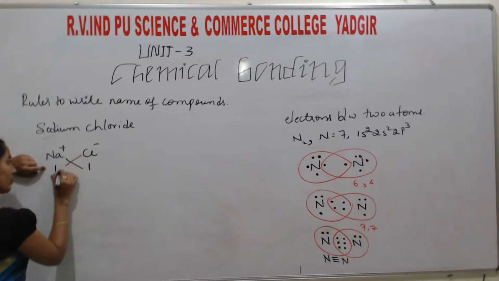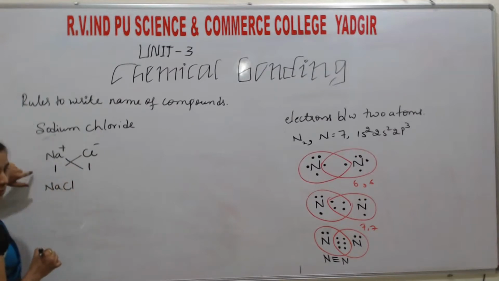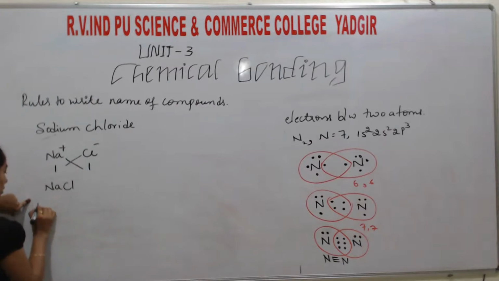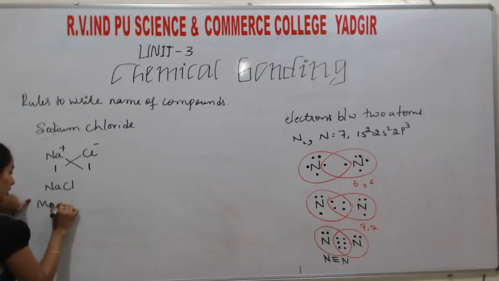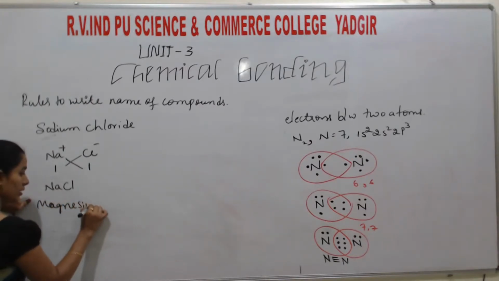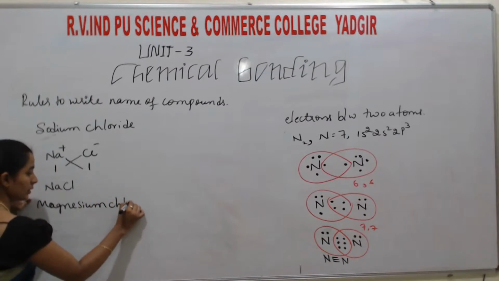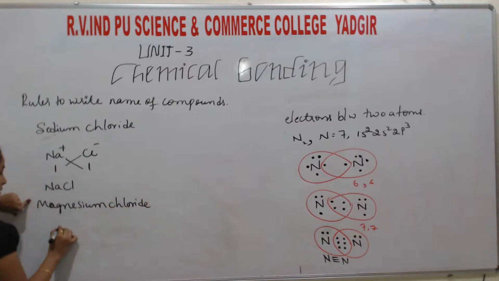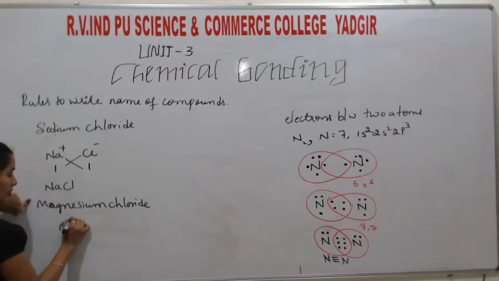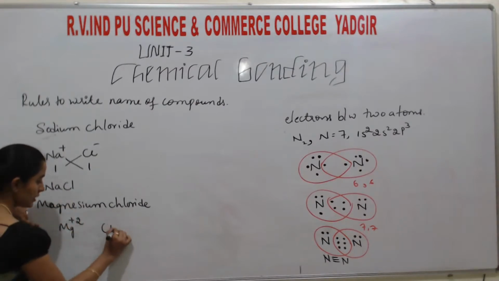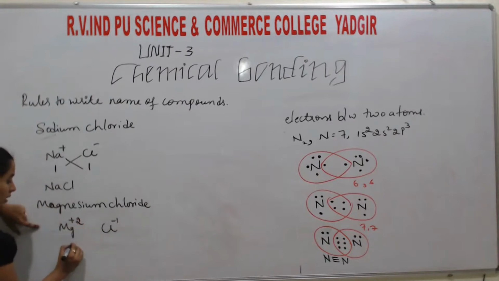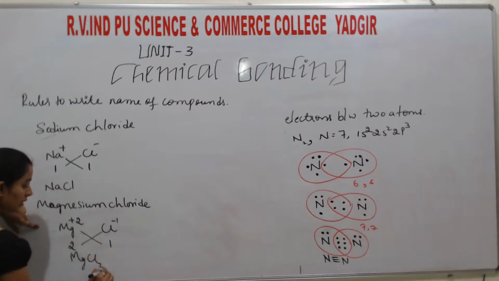If you cross multiply, you will get NaCl, that is sodium chloride. If they give magnesium chloride, okay, so for Mg you should know the oxidation state, that is +2, Cl is -1. Write the numbers here, this is 2, this is 1. If you cross multiply, you will get MgCl2.